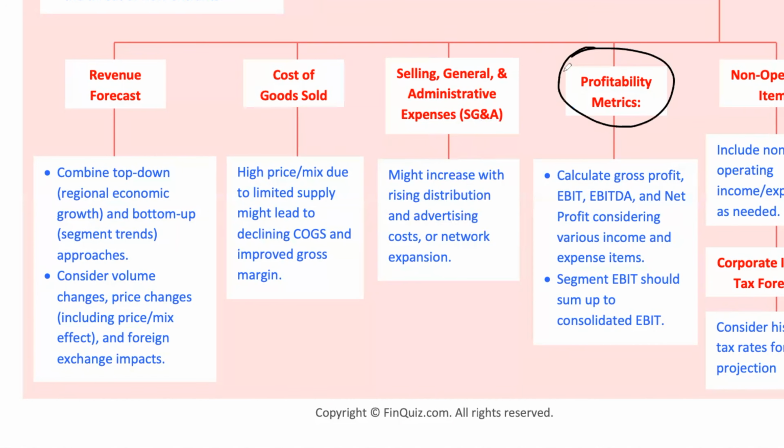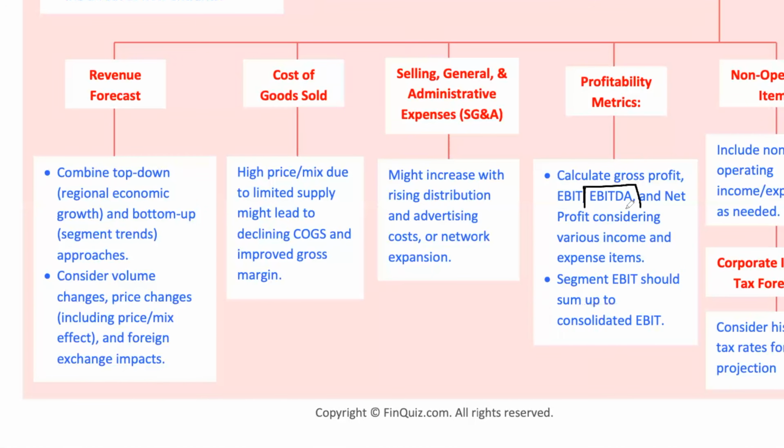Operating profit, or EBIT, earnings before interest and taxes, is a key number. It's essentially revenue minus COGS and SG&A plus any other income from operations. EBIT should match the cumulative EBIT of all business segments combined, giving you a consolidated view of profitability.